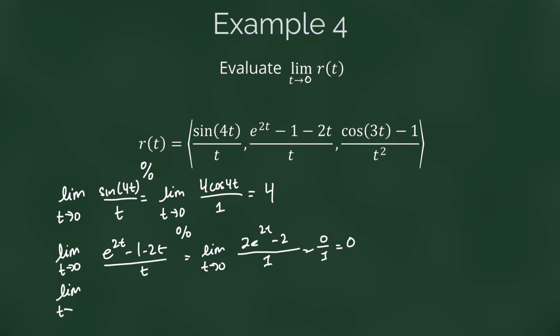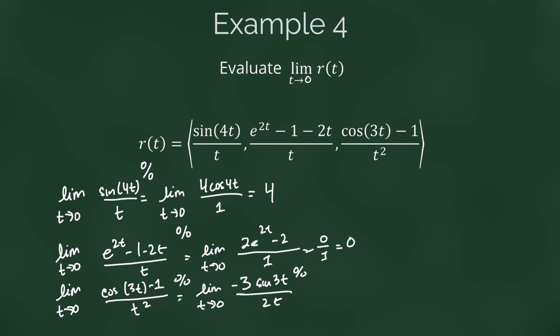Lastly, if we take the limit as t approaches 0 of the cosine of 3t minus 1 over t squared, plugging in 0 gives us 1 minus 1 over 0, which is 0 over 0. We'll try L'Hopital one last time. For this, we get negative 3 times the sine of 3t all over 2t. Plugging in 0 still gives us 0 over 0.